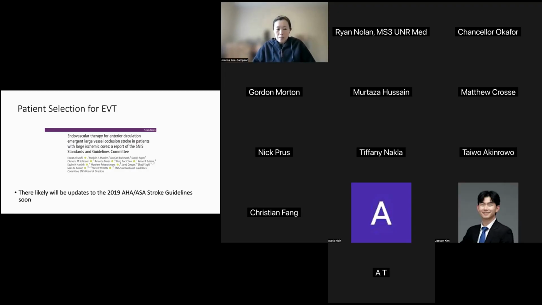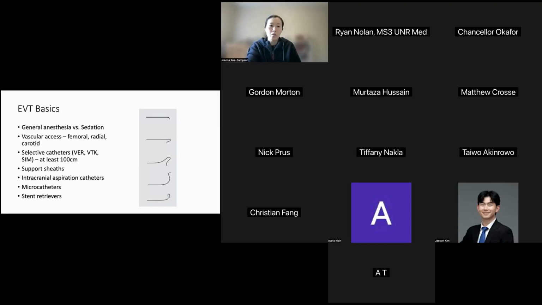So my guess is the AHA stroke guidelines will be updated soon. When that happens, obviously, a lot of practice will change, and I think more patients will qualify for endovascular thrombectomy.